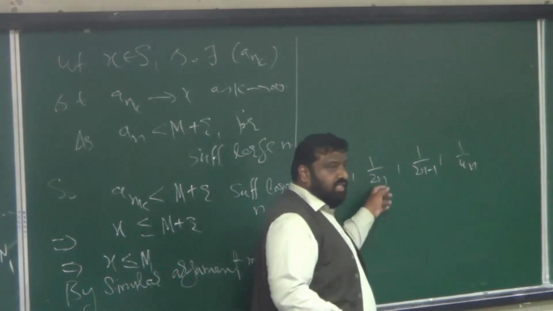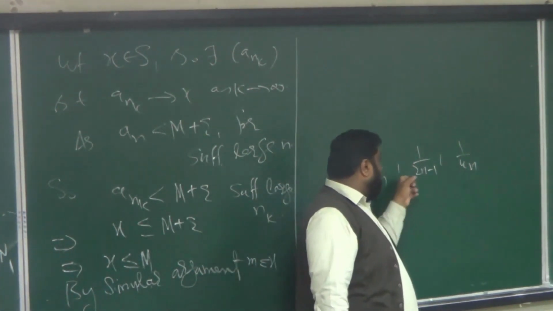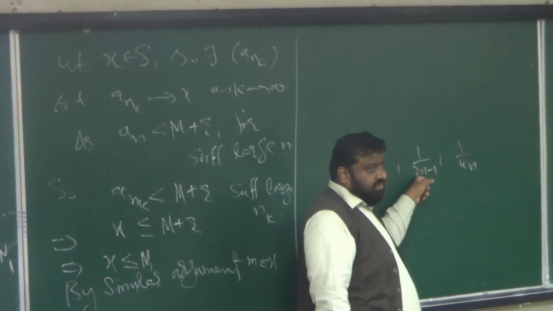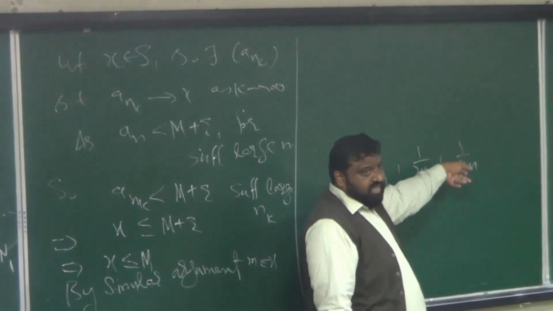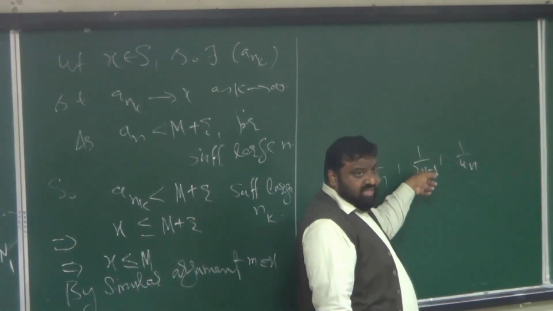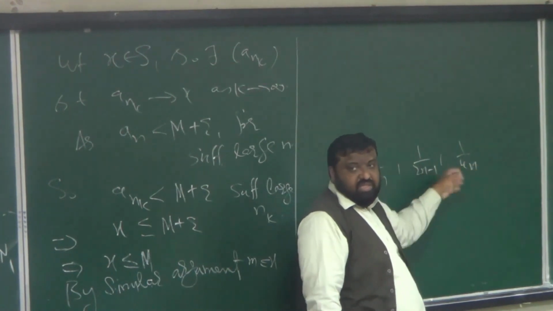That's the sequence and these three are subsequences of this. Are these two going to have anything in common? It's going to be 1 half, 1 fourth, 1 sixth, 1 eighth, and this is going to be 1/3, 1/5, 1 seventh. There's nothing common.